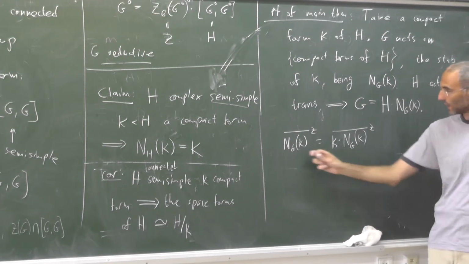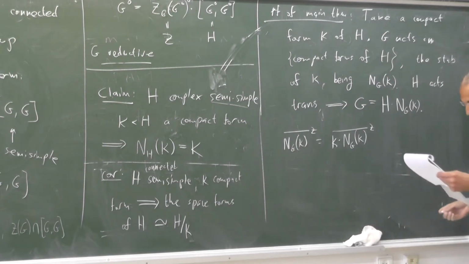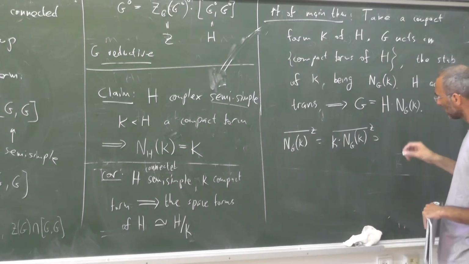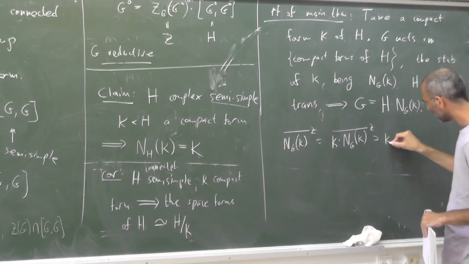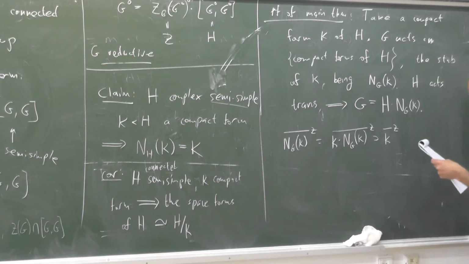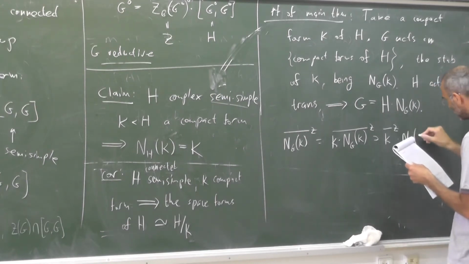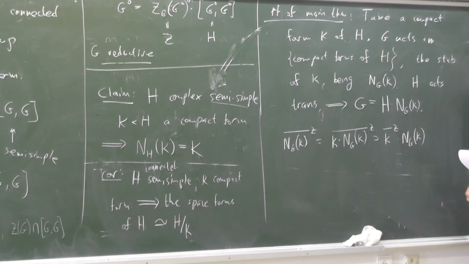I mean, K is a subgroup of that, obviously. And now I'm taking something smaller, take the Zariski closure only on K, and leave this guy alone.